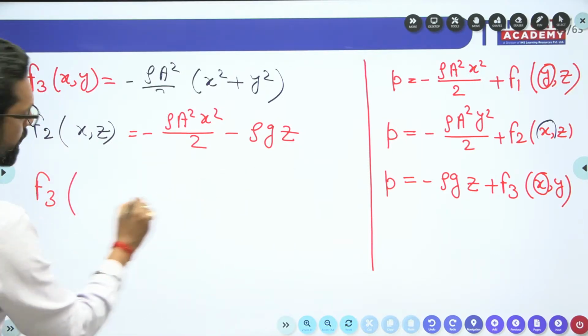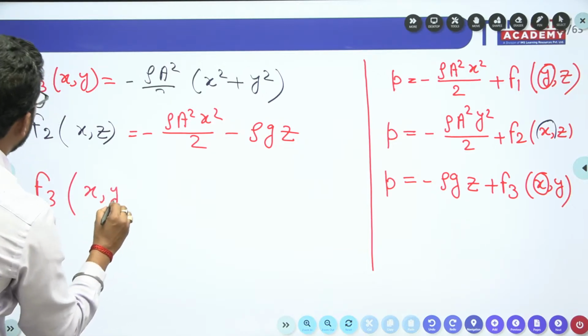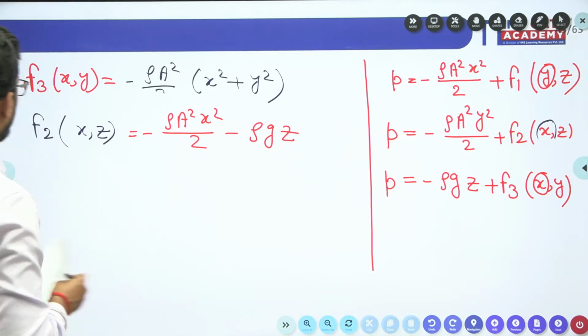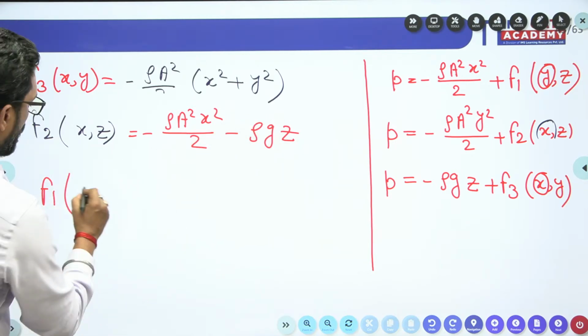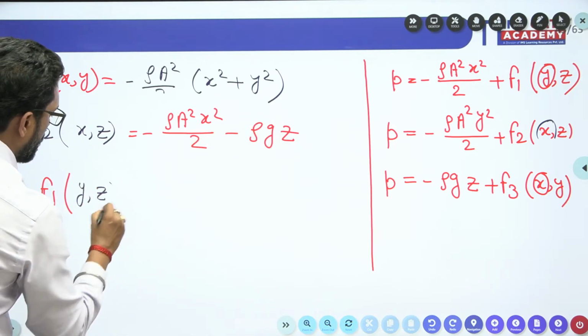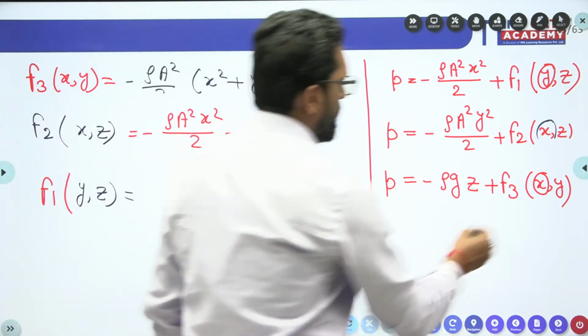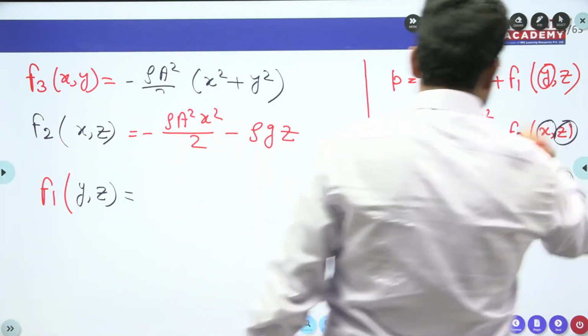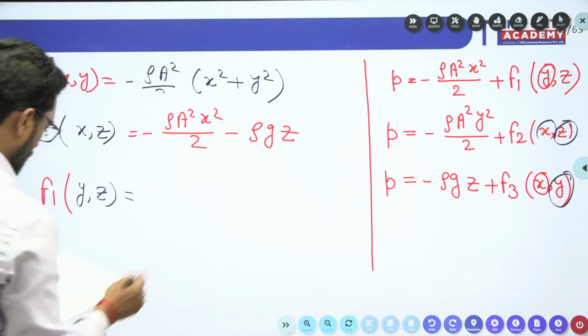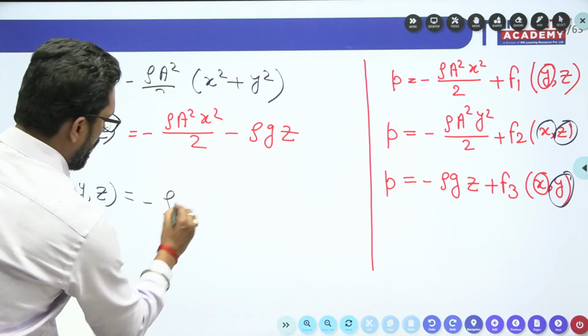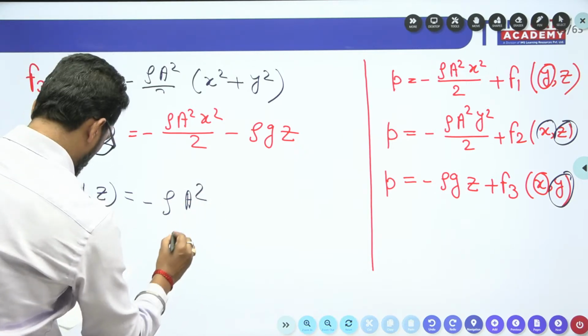What is F3? F3 is XY. F1 is what? YZ. What is Y? Y is here, Z is here. Write down. This is your minus rho A square by 2.